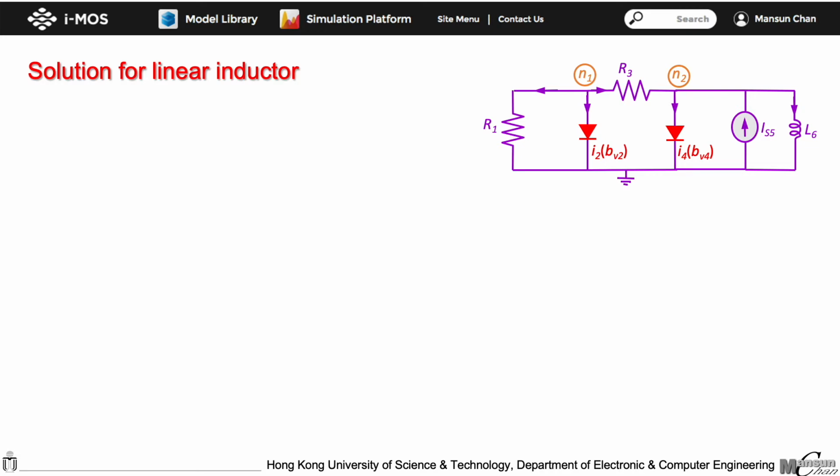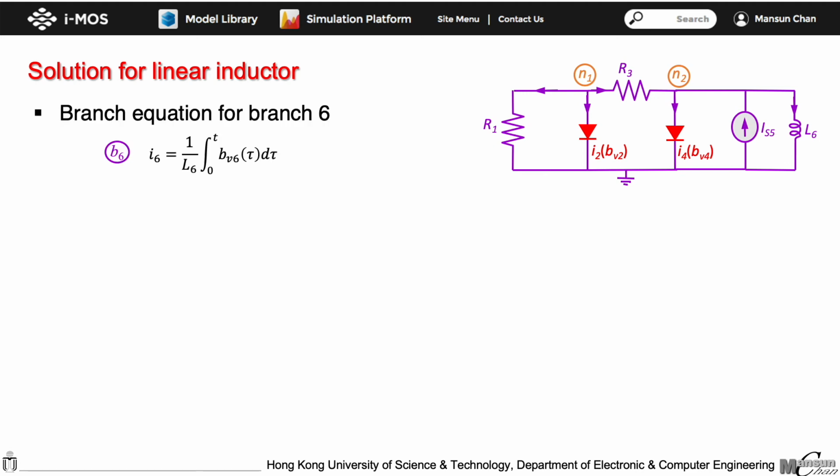After discussing how to handle capacitors, we now switch the focus to handle another time-dependent element, which is the inductor. Now, we replace the capacitor in the previous circuit with an inductor. The branch equations of the inductor are given here. We follow the same procedures to write the KCL at node 2.